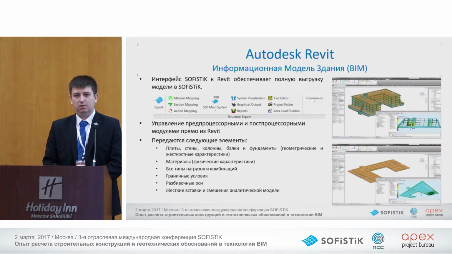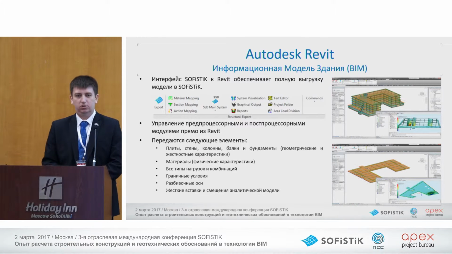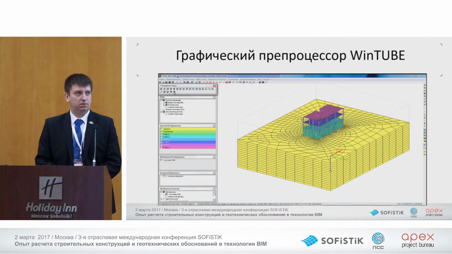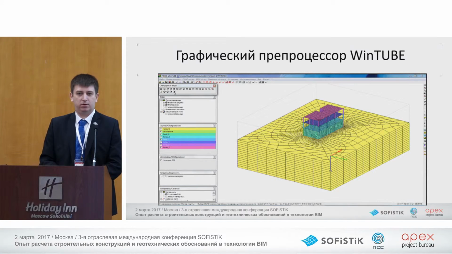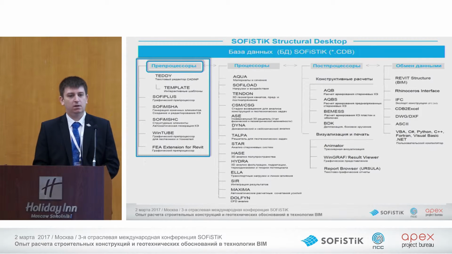The preprocessor based on Autodesk Revit is via extension, and it enables you to export the analytical model and then process it in SOFiSTiK. Yet another preprocessor, for geotechnical problems, is WinTube. You can create soil here and then work with it in SOFiSTiK.